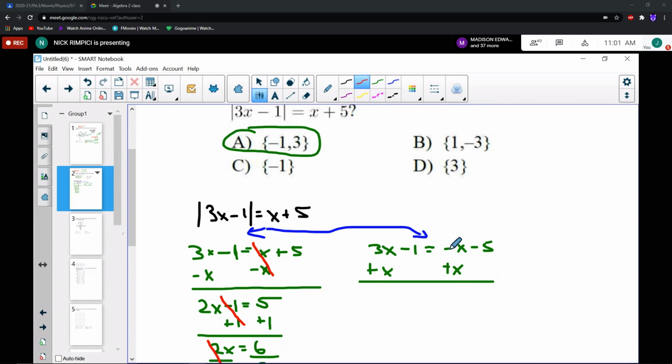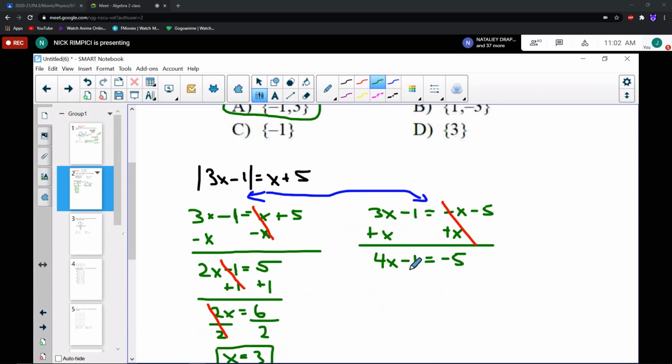And that allows these to cancel out. And when I put these together, I have 4x minus 1, and I bring down -5. And now from here, I want to get 4x by itself, so I have to get rid of the -1, bring that away.